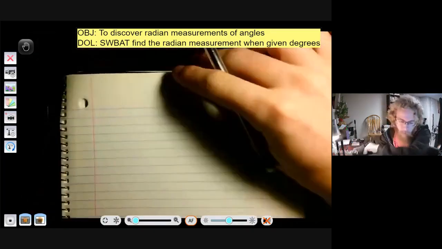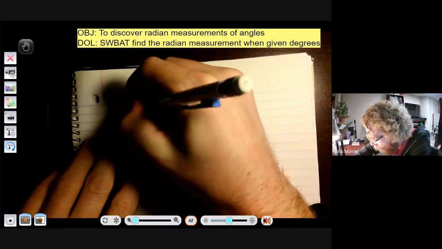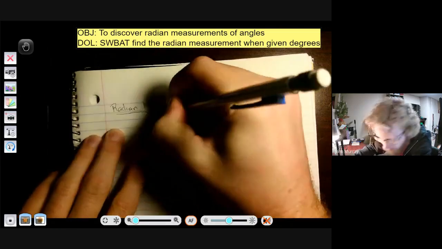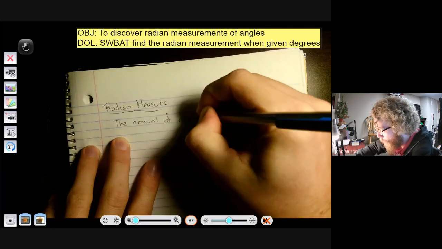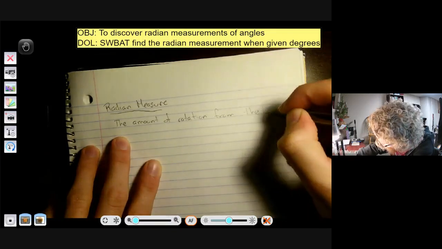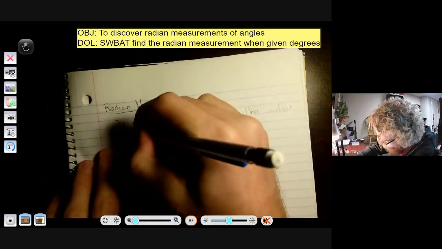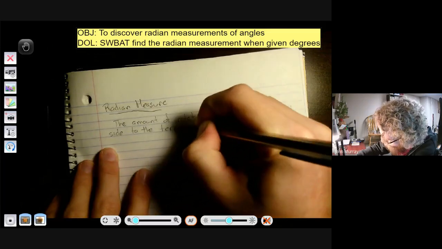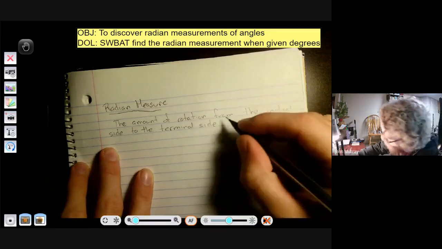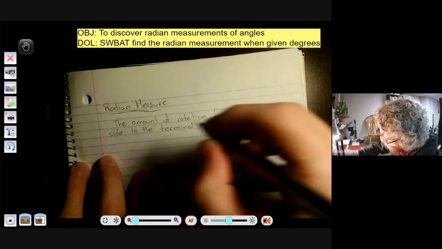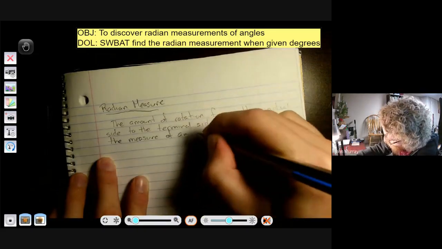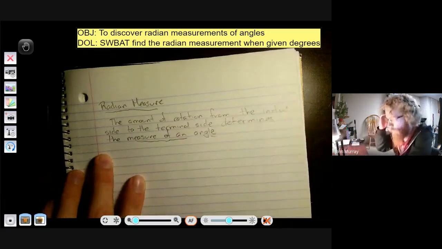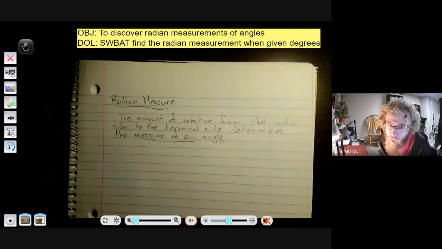All right, so let's get into some formal definitions here. All right, so formally, the amount of rotation from the initial side to the terminal side determines the measure of an angle.